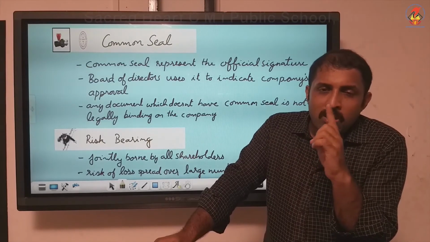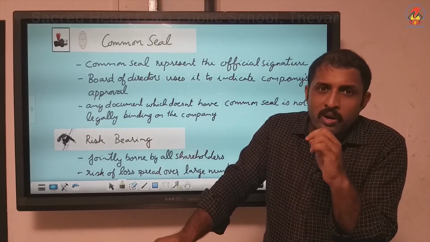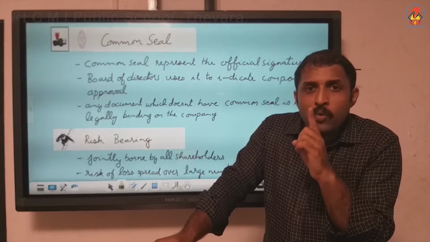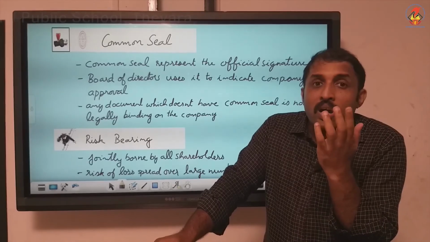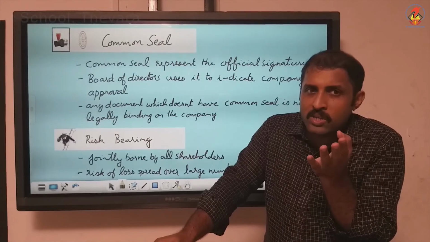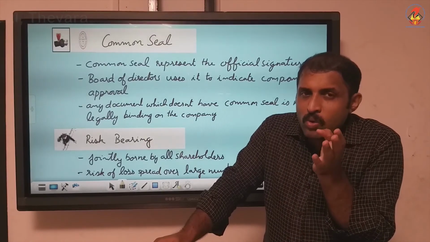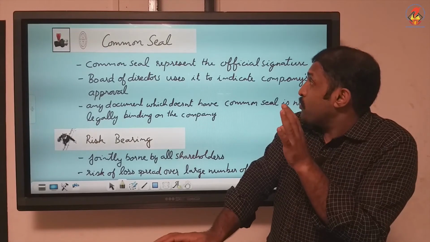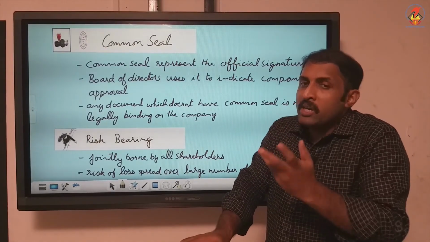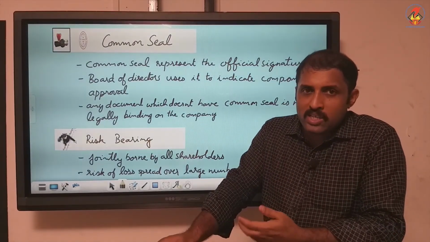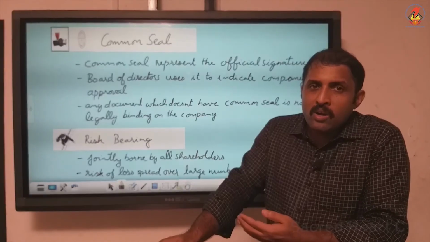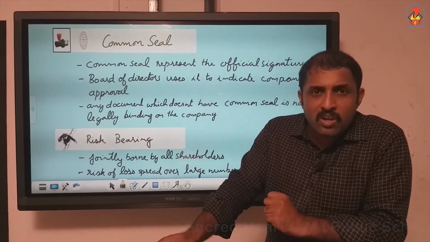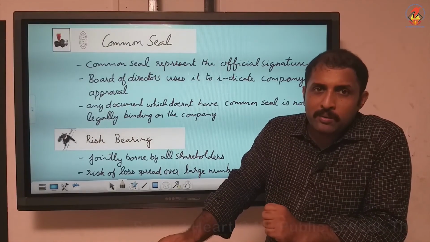For the company, the board of directors enter into contracts, and representing the company's approval is the common seal. The common seal is equivalent to the official signature of the company. It is used by the board of directors when they enter into a contract, as an indication of the company's approval.